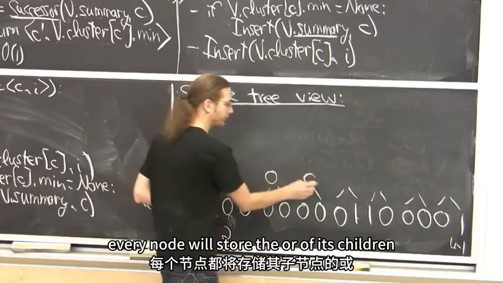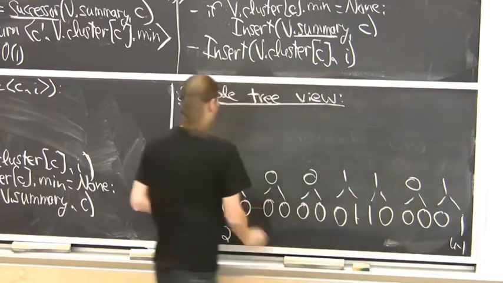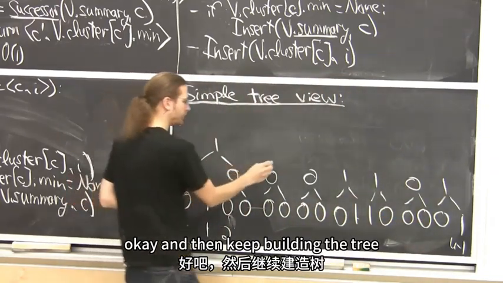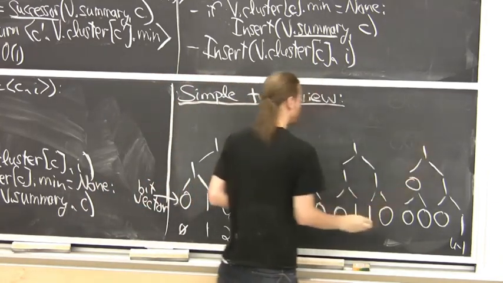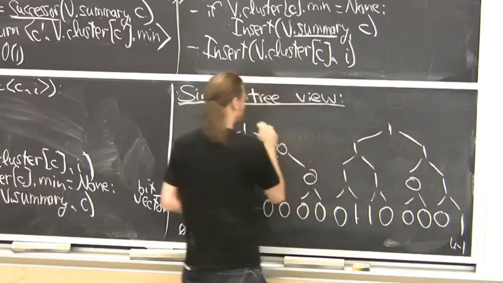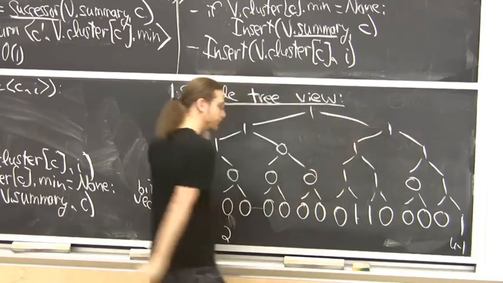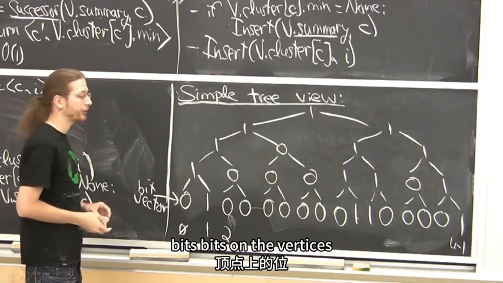Every node will store the OR of its children. Okay, and then keep building the tree. Now we have a binary tree with bits on the vertices.